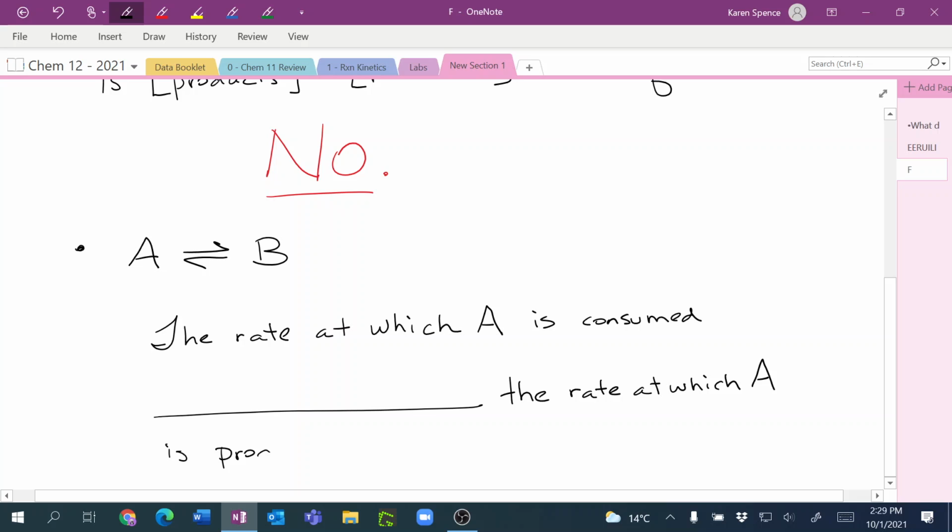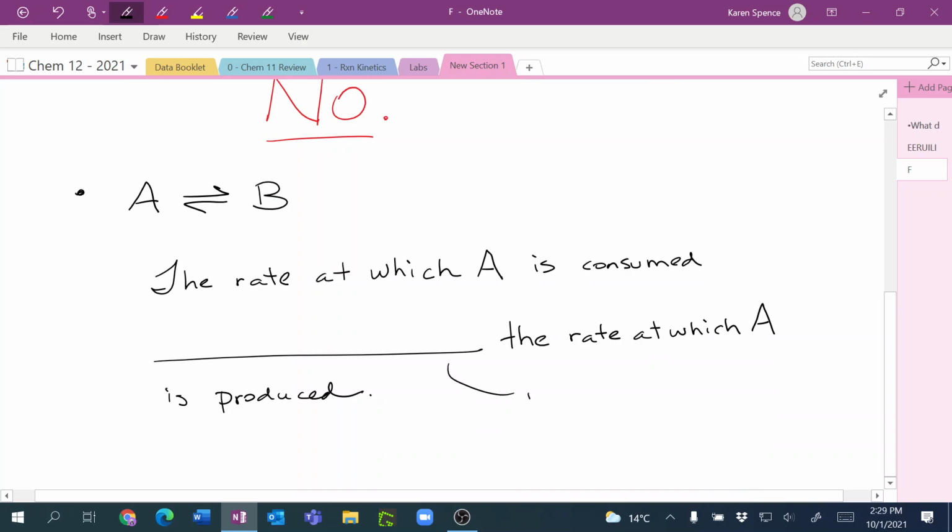The rate at which A is consumed, how does that compare to the rate at which A is produced? So you get to choose: is greater than, is less than, or is the same as.